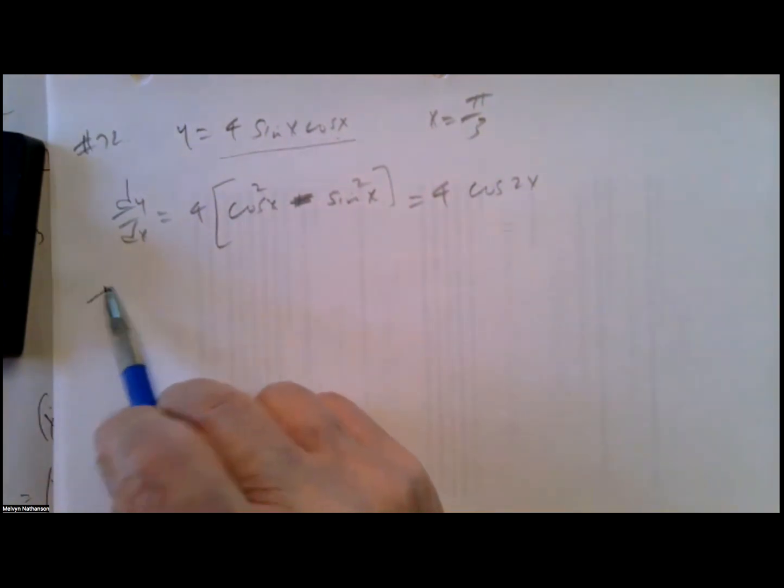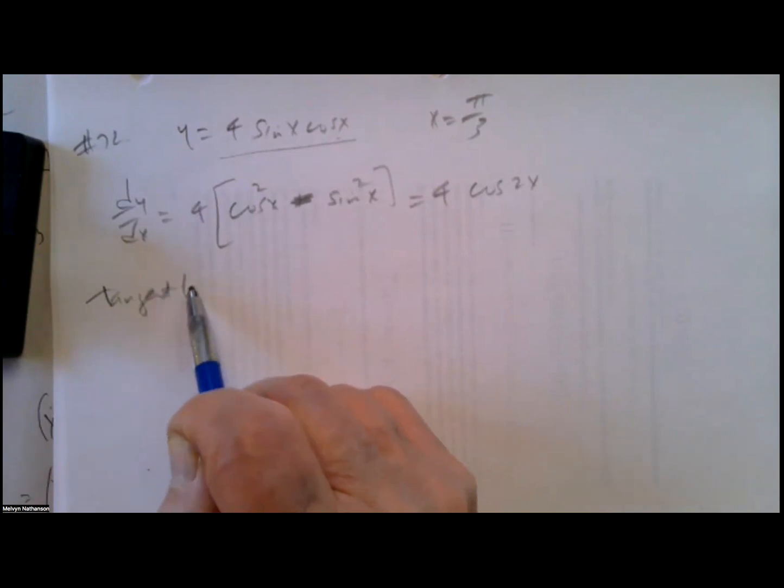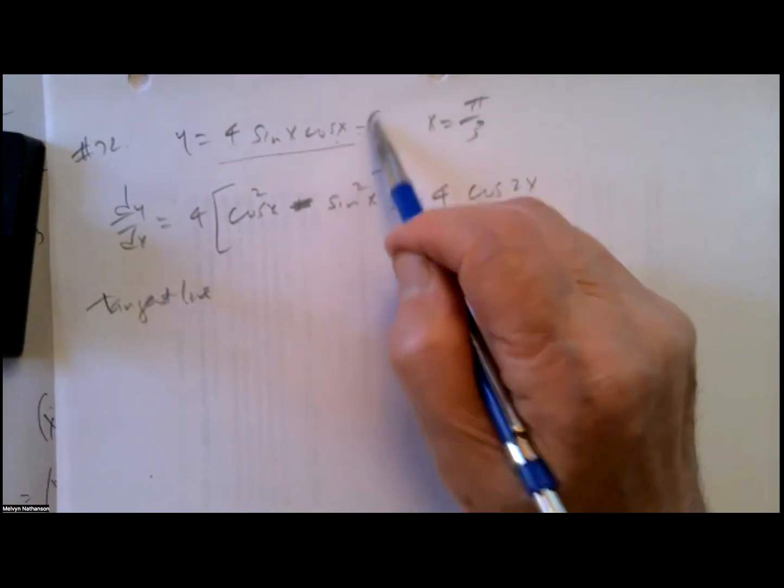So what is the tangent line at the point pi over 3? Let me just call this function f of x. So f at pi over 3 is equal to 4 times the sine of pi over 3 times the cosine of pi over 3. You have to know what these angles are and what their cosines are. At pi over 3, this point is a half, root 3 over 2.